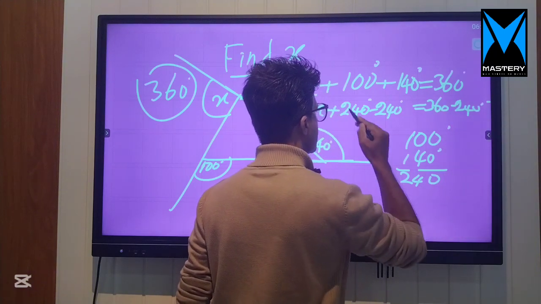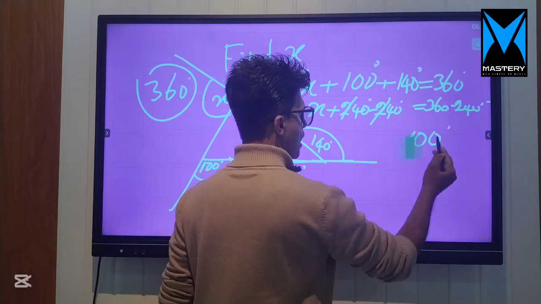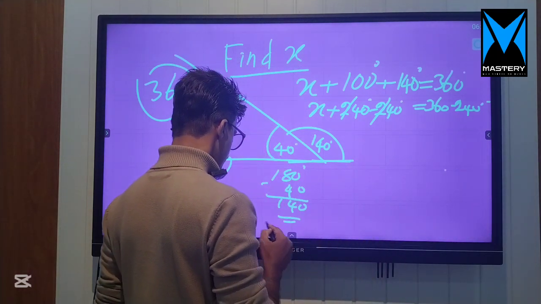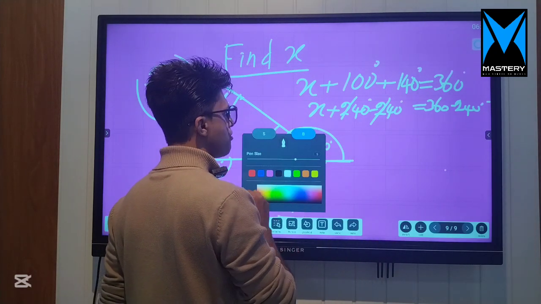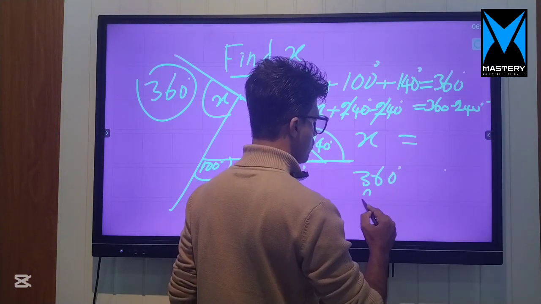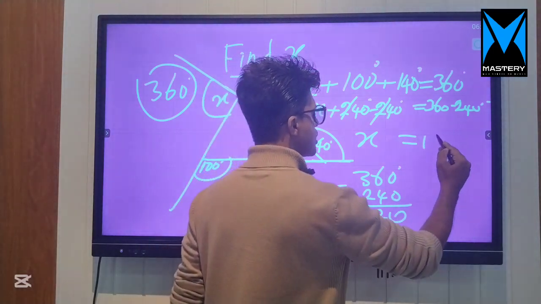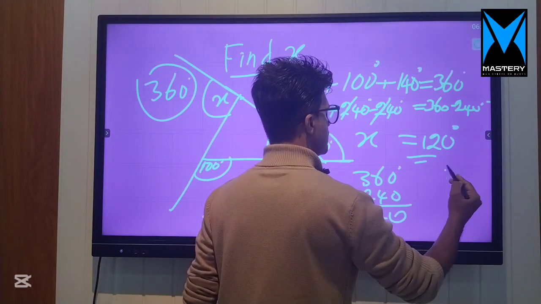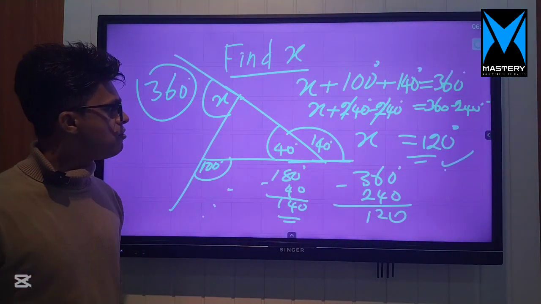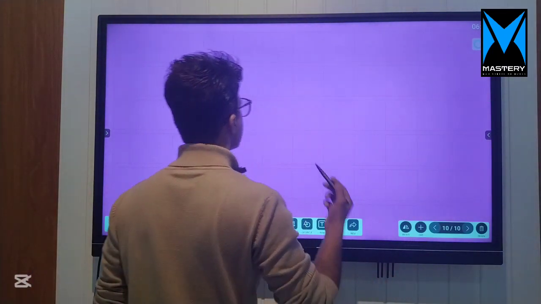Then you could simplify these two, and after that, let's get the value of x, that is 360 minus 240 here. So 6 minus 4, 2, then 120 degrees is the value of x here. Okay, how to do this type of one?